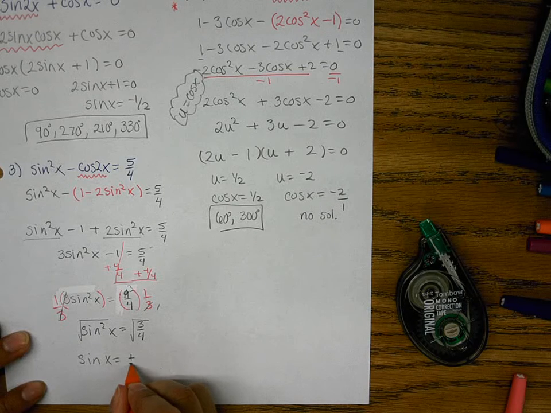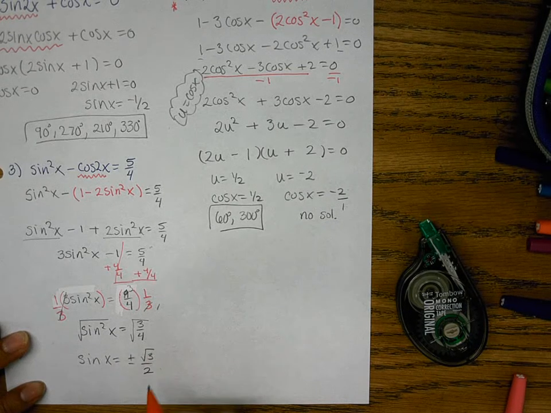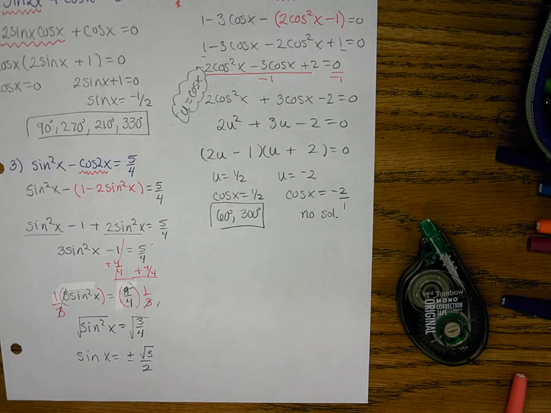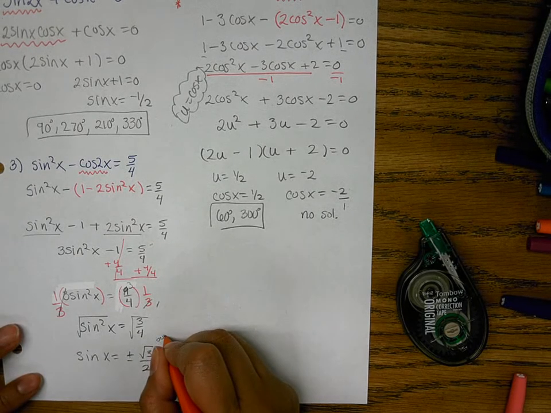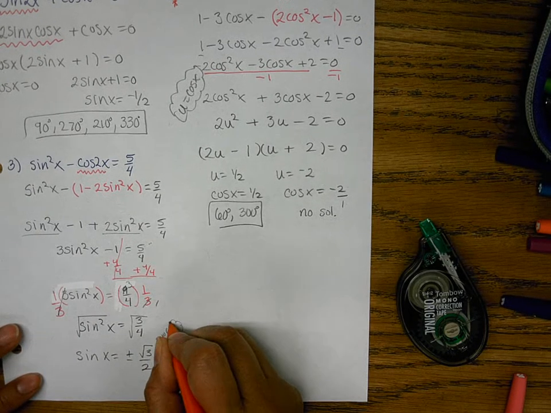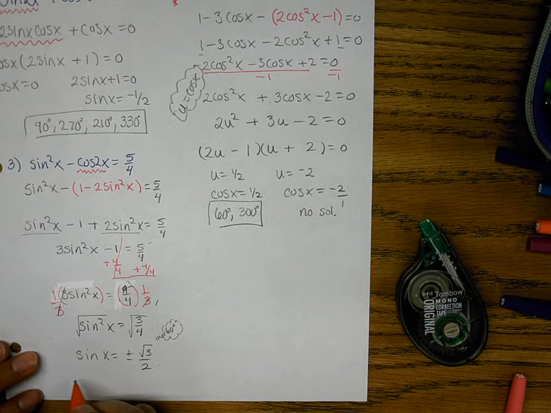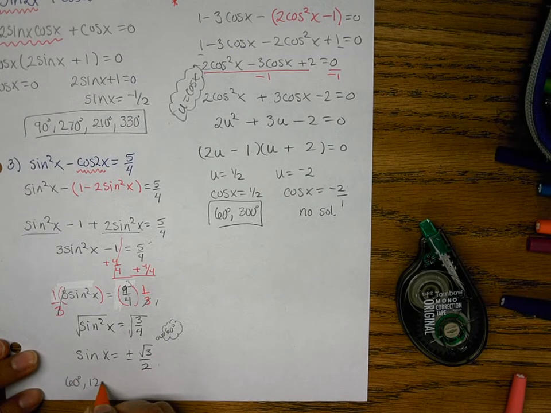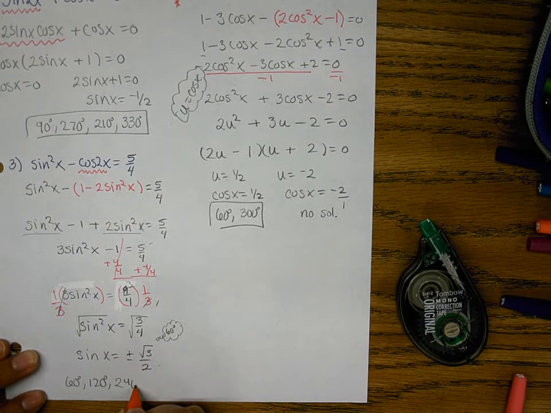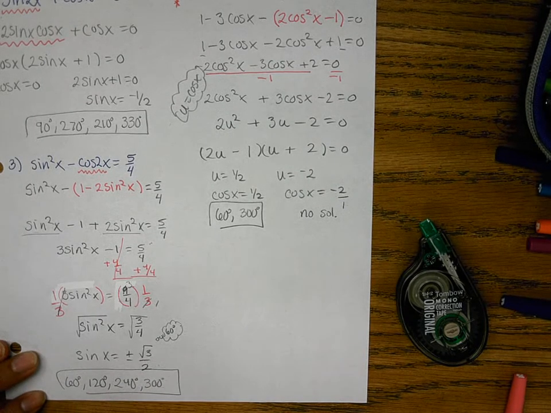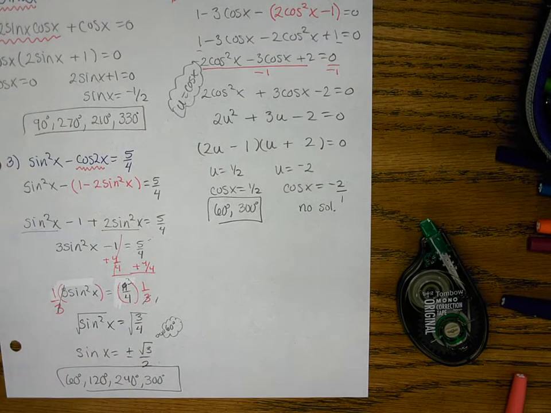Sine of x equals plus or minus root 3 over 2. Reference angle here is 60 degrees. In all 4 quadrants, because it's plus or minus, that would be 60, 120, 240, and 300.